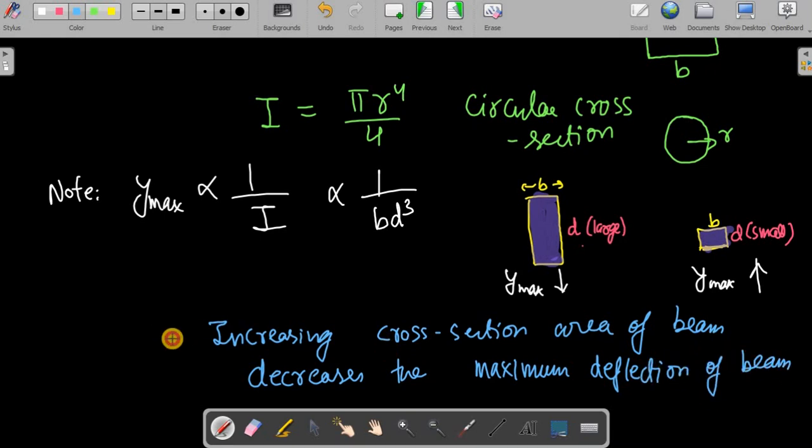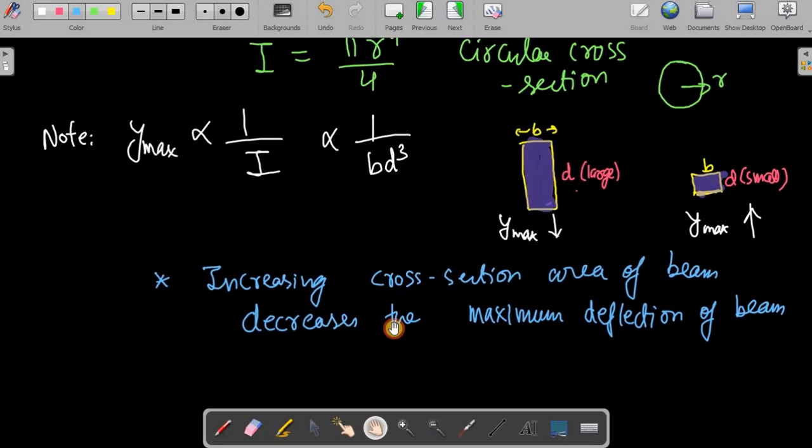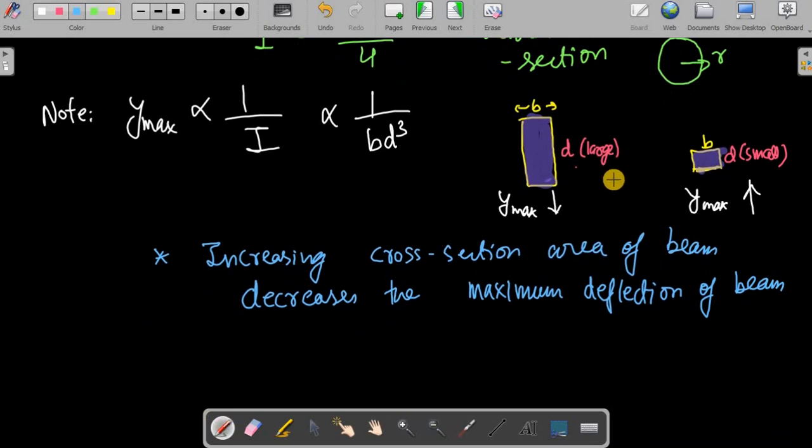So it is safer. If you have a smaller cross section area, the deflection will be larger. So we should try to increase the cross section area, but at the same time make sure the design is efficient.